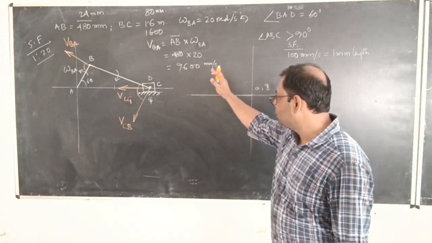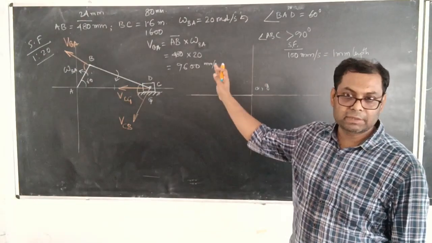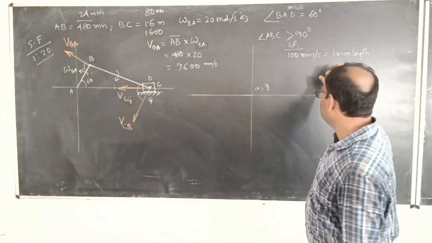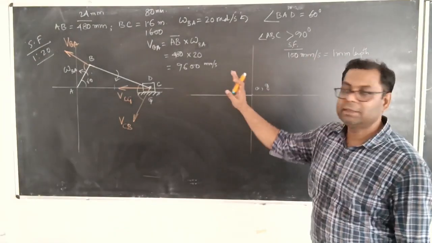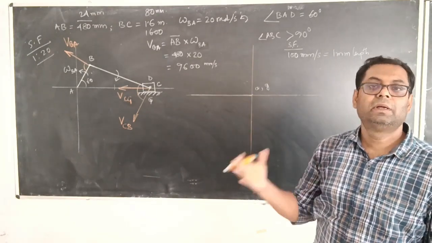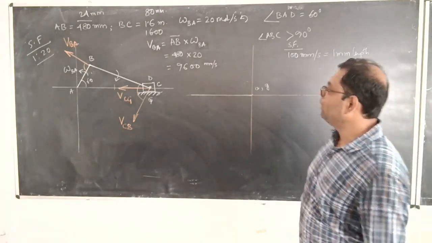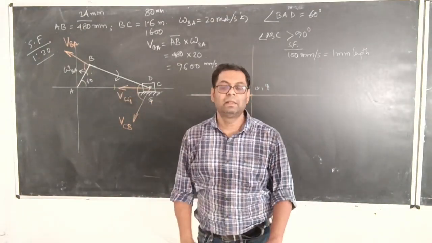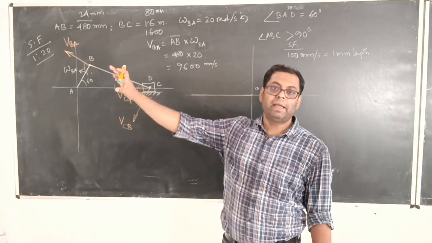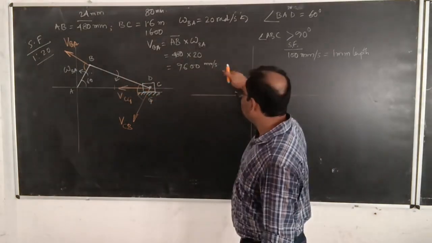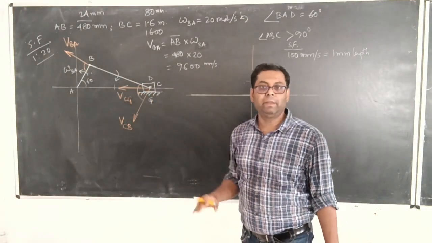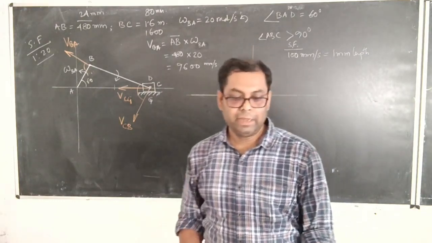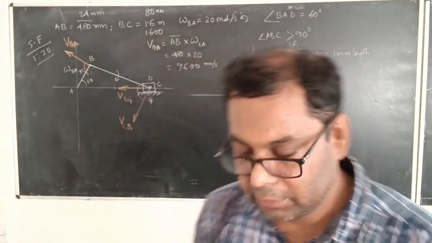So 9600 millimeter per second is represented by only 96 millimeter of distance. So we have to find out what is the angle which is created over here, and then regenerate that particular angle over here, and the length will obviously be 96 millimeter. Okay, so it is very simple.